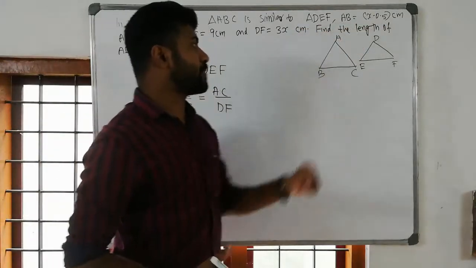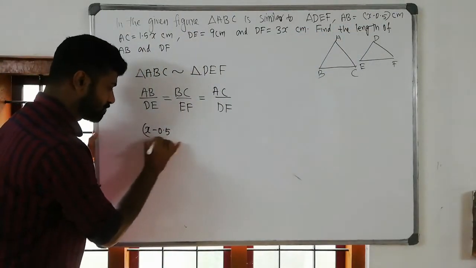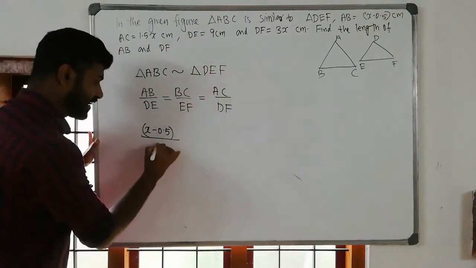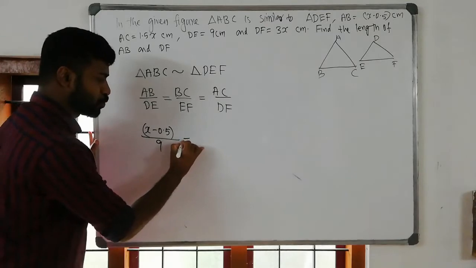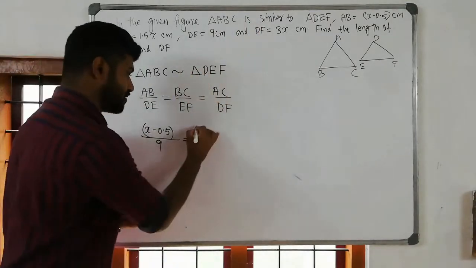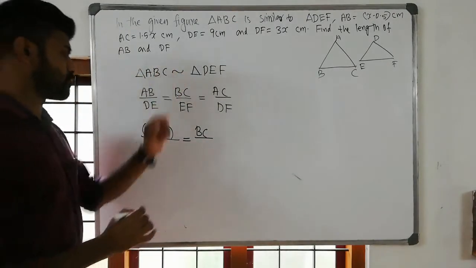AB is given, AB is x minus 0.5 centimeter, and the length of DE is given, DE is 9 centimeter. BC is not given and the length of EF is also not given.